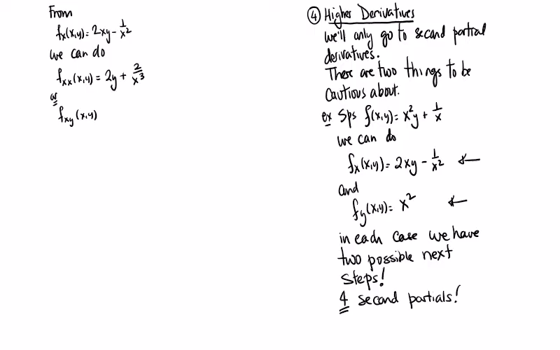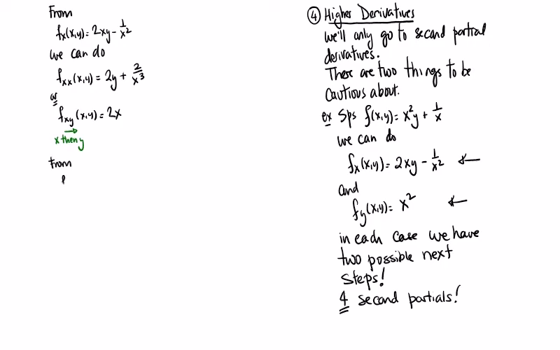So notice in the notation here, this is read from left to right. This is x, then y. It's building out from the f. Now, if I do it with respect to y, then we would get 2x minus 0. Those are our two possibilities.